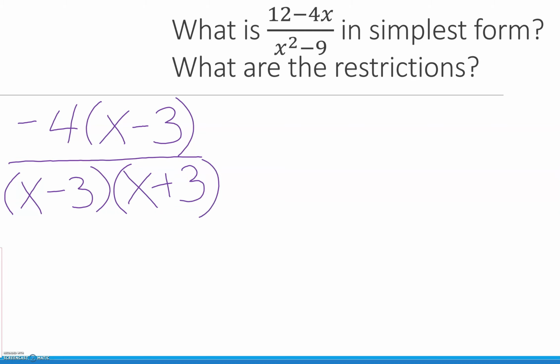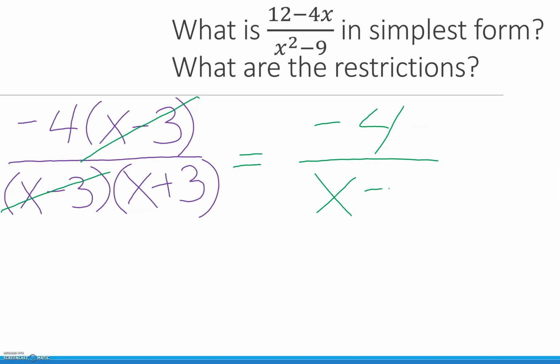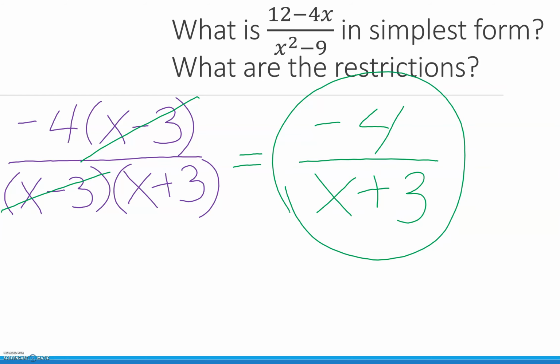Now looking at our numerator and denominator, they have an x minus 3 in common. So those could be factored out. And so now I'm left with a negative 4 in my numerator and x plus 3 in the denominator. So this would be my simplest form. Now we're going to go back to that original problem to find our restrictions.